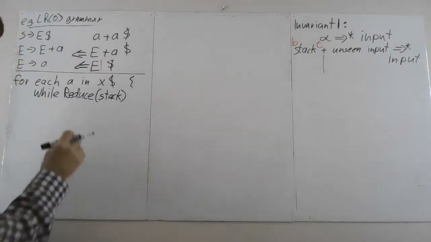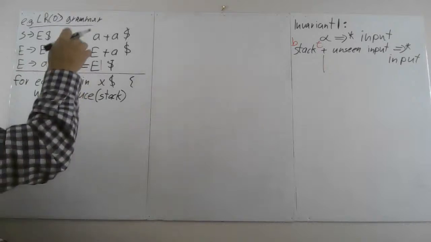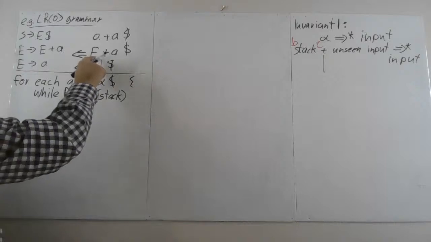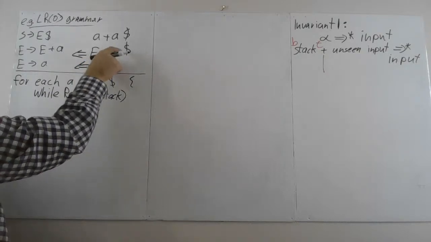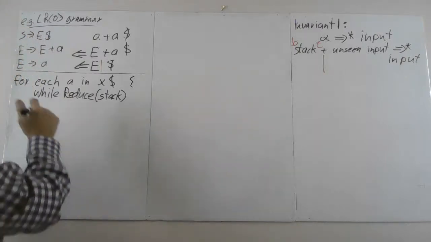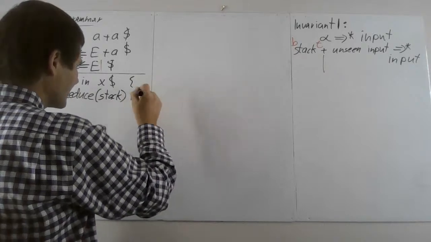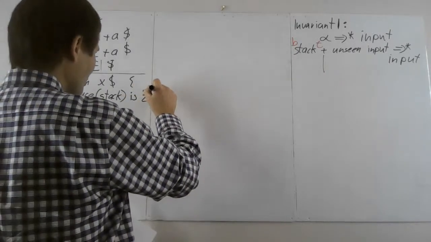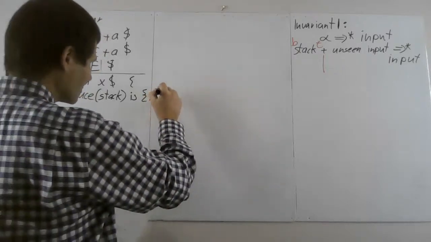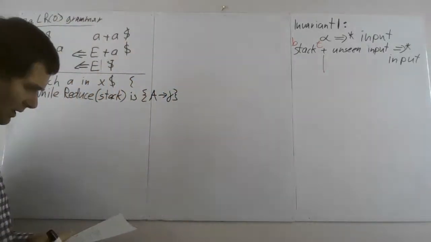It's going to look at the stack and use it to decide, should I reduce or not, and which production rule should I reduce by. For example, if the stack is E plus A, it's going to say, reduce by this second rule. This function is going to return a set of production rules for which it might not be a terrible idea to reduce by that production rule.